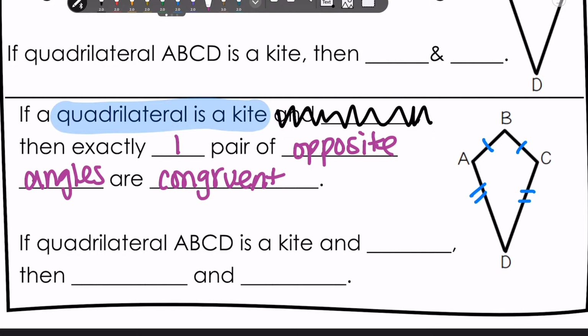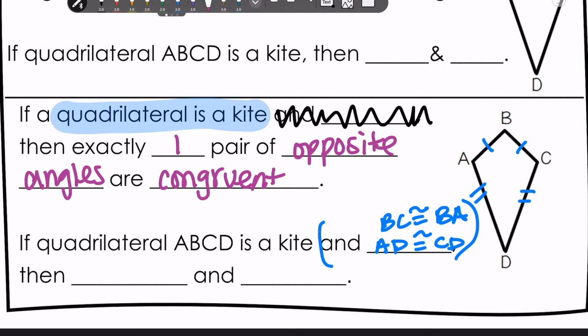So what that means is that if we just have a quadrilateral, ABCD is a kite, and we know that BC and BA are congruent, and that AD and CD are congruent, which are what we need for a kite, the consecutive sides to be congruent, by the way, then you can state that the angles are congruent.